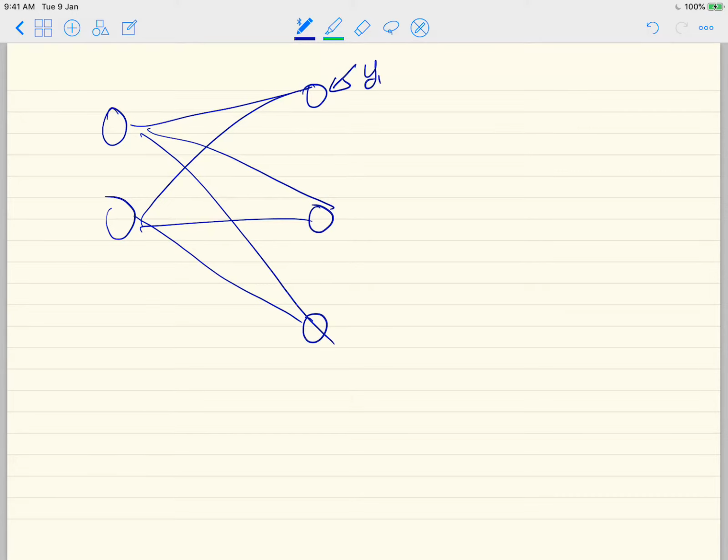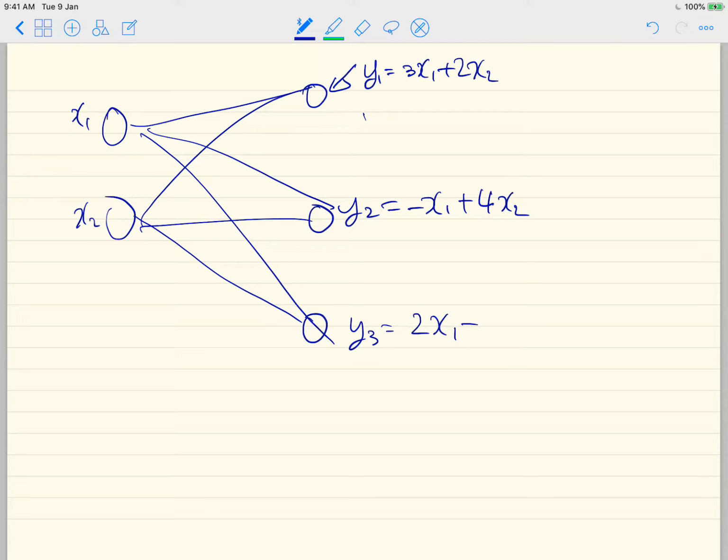Suppose the first output is y1 = 3x1 + 2x2, y2 = -x1 + 4x2, and y3 = 2x1 - x2, although we can have some bias terms like 1, -2, and 4. These are just random numbers, and suppose this is the current state of the parameter values during our gradient descent update.